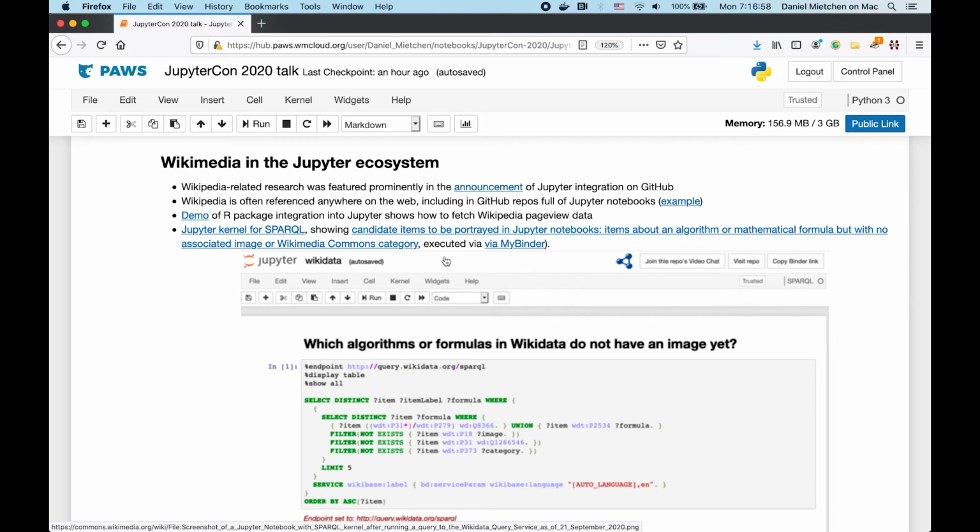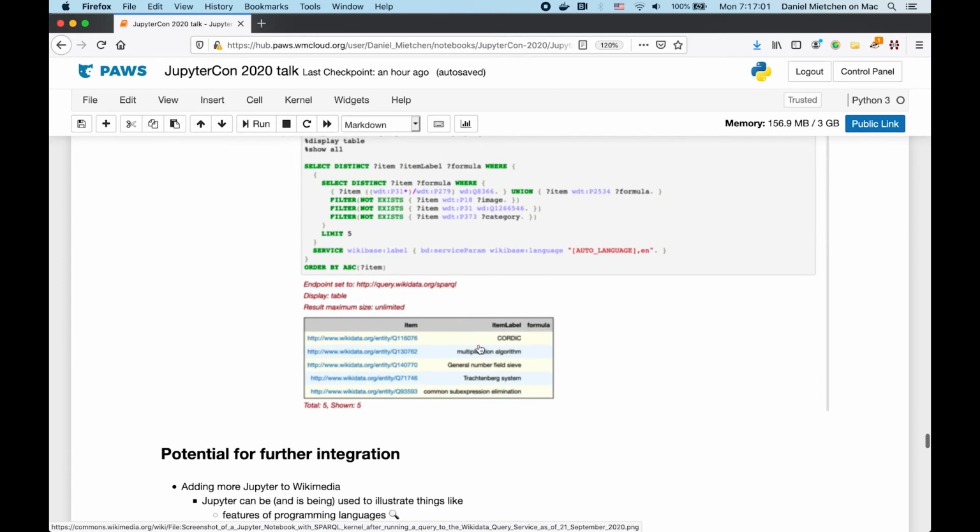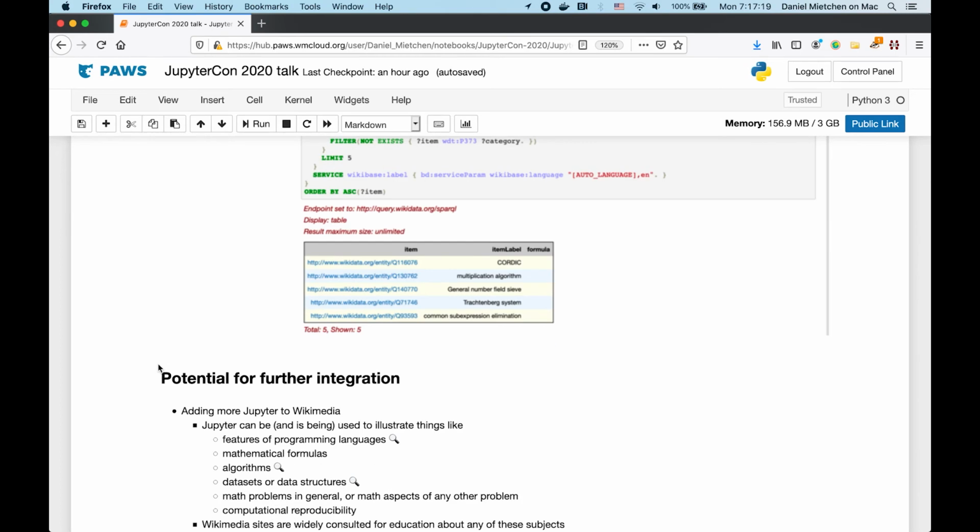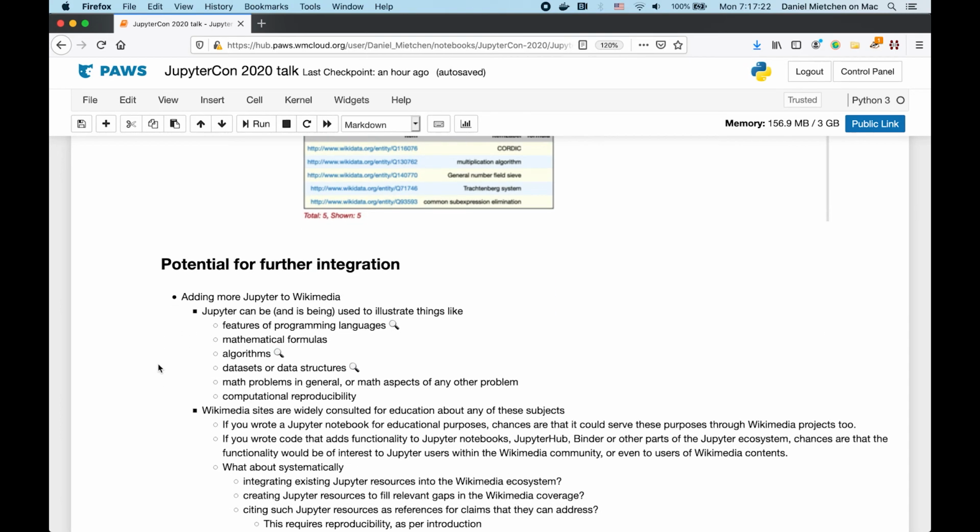And these are algorithms or formulas and things like that. If you look at those, we can then consider whether suitable Jupyter resources already exist for this kind of topic. And if so, we can look into integrating them into the Wiki ecosystem. And if not, we can think about creating such resources.